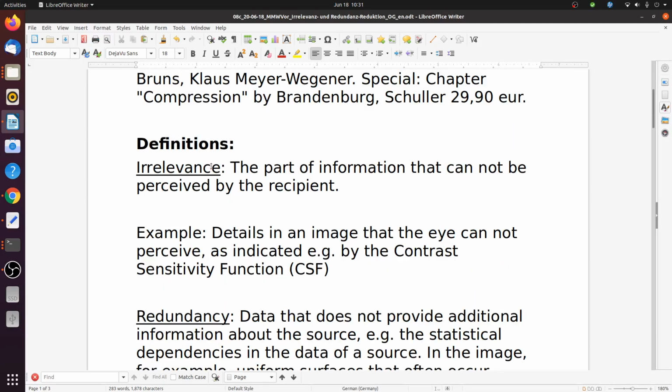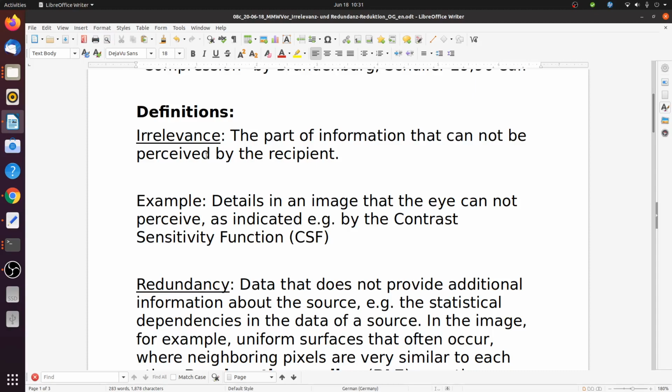Yeah, so here are some definitions. First, what is irrelevance? Irrelevance is the part of the information that cannot be perceived by the recipient, for instance, the eye. An example here: details in an image that the eye cannot perceive is indicated by the contrast sensitivity function. Remember, we saw which spatial frequencies the eye is more sensitive or less sensitive to.